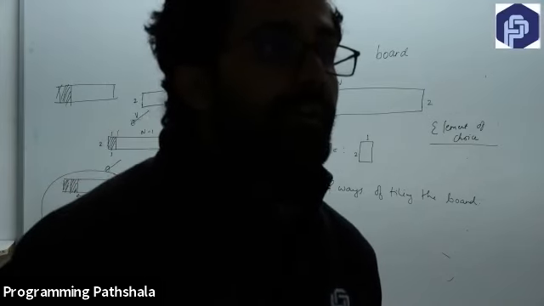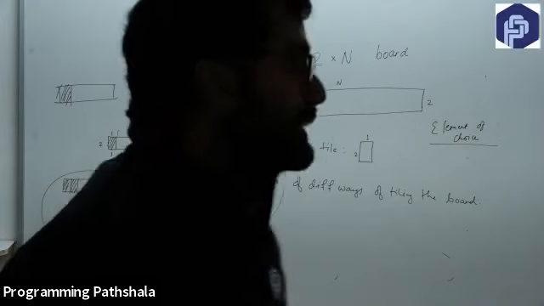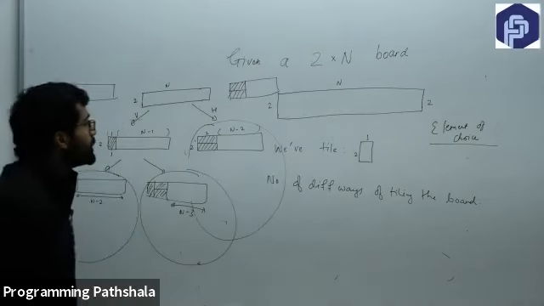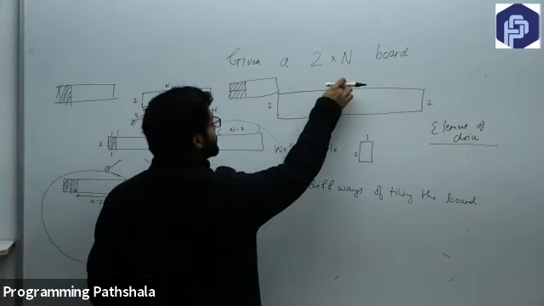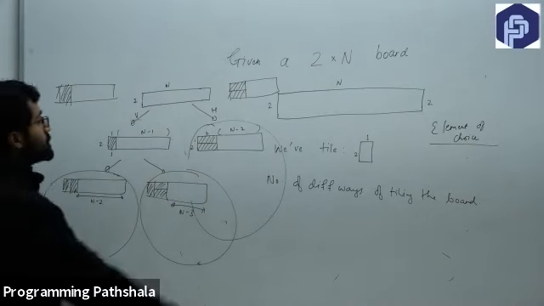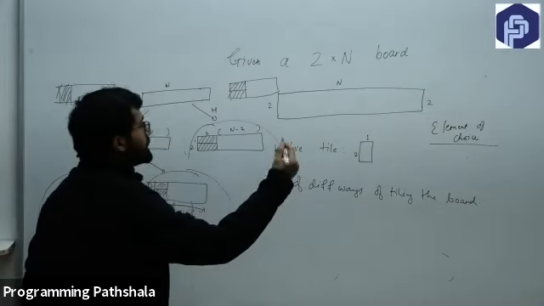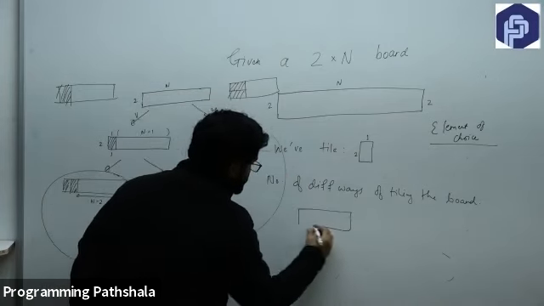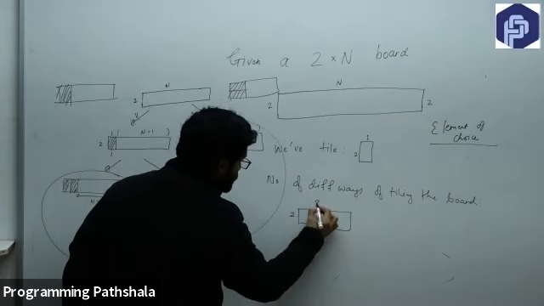What would happen in the horizontal way if n is odd? Even if n is odd, nothing is going to happen, because this n denotes your length. So even if your n is odd, nothing is going to happen. Let's say your n was 3, so this is 2 cross 3.